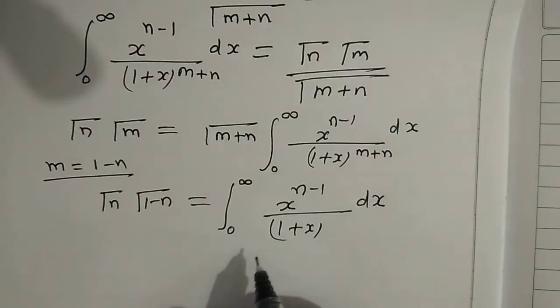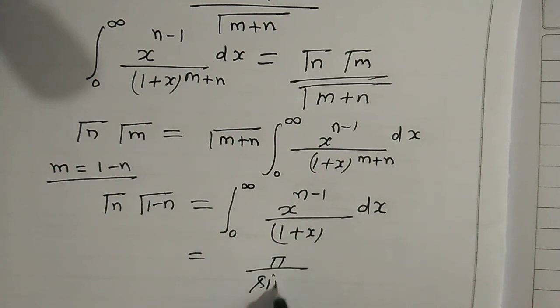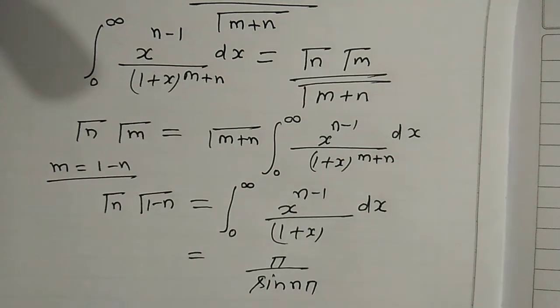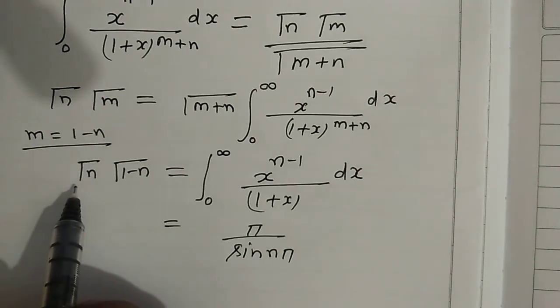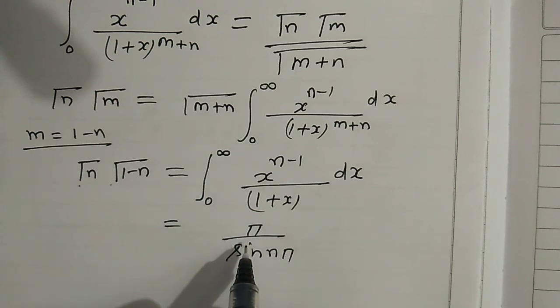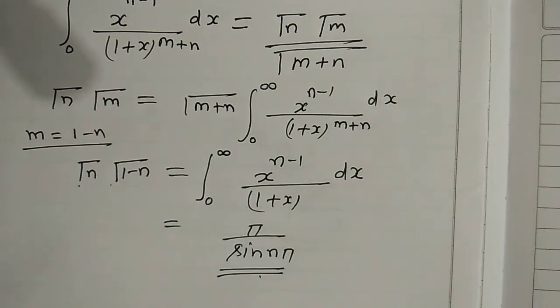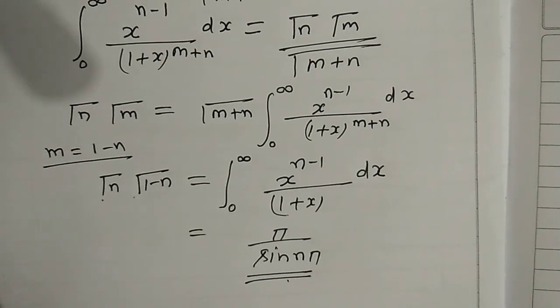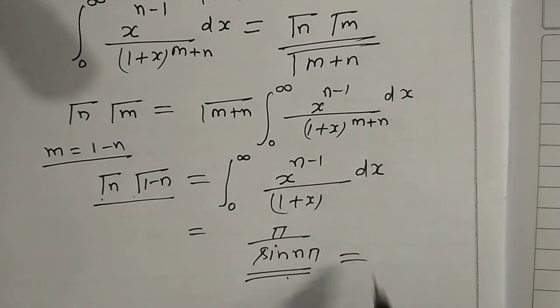And this is given as pi upon sine n pi. So we got gamma n gamma(1 minus n) equal to pi upon sine n pi. This is what we needed to prove, so this completes the problem.